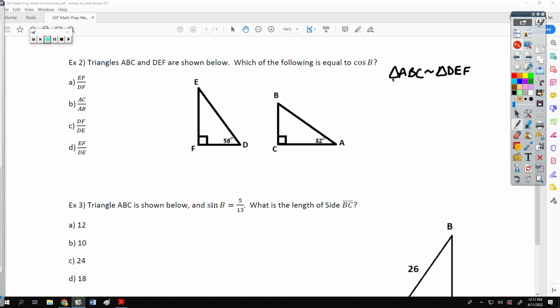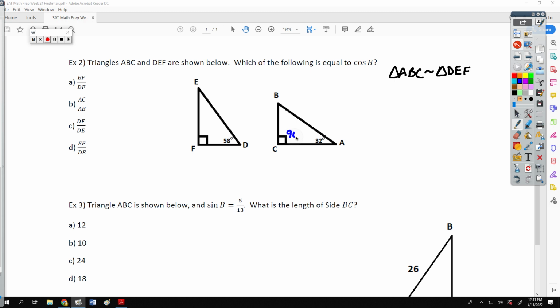that those two triangles are the same shape. We should realize that these are similar triangles because we can figure out the measure of the third angle.